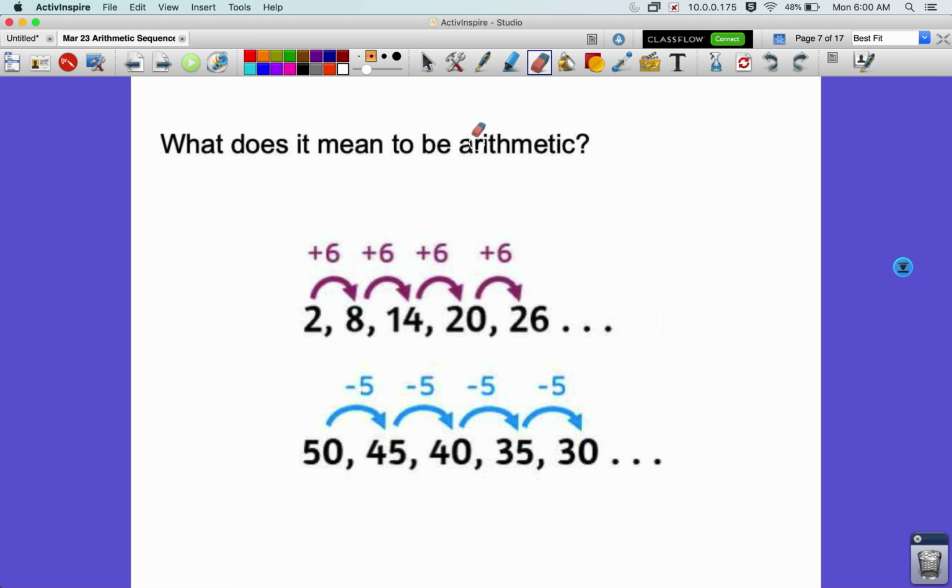All right, so what does it mean to be arithmetic? Today's lesson is all about arithmetic sequences. Well, here we've got two examples of two arithmetic sequences. 2, 8, 14, 20, 26, and 50, 45, 40, 35, 30. What is similar about these?